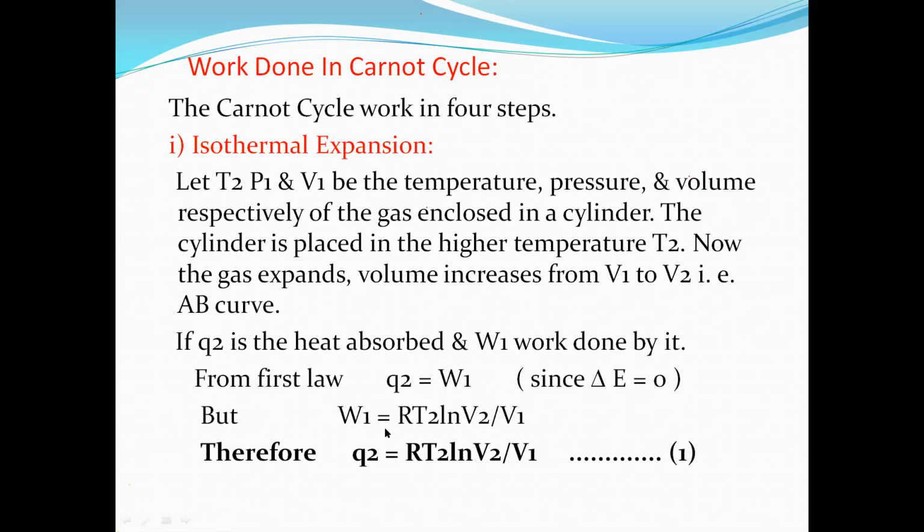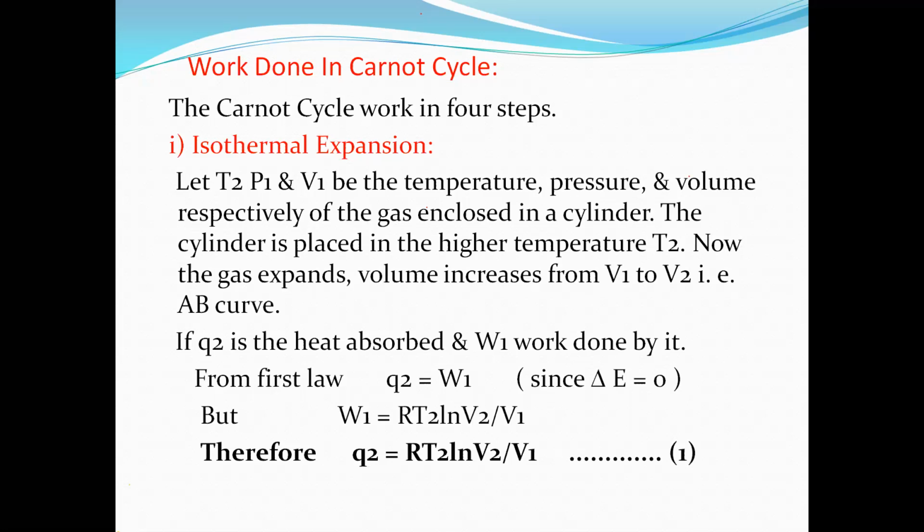denoted by W1. Suppose we will see in detail later on. Then next is adiabatic expansion. Again we have to calculate the work done in adiabatic expansion, and we denote this work as W2. Now what is the third step? The third step is isothermal compression.